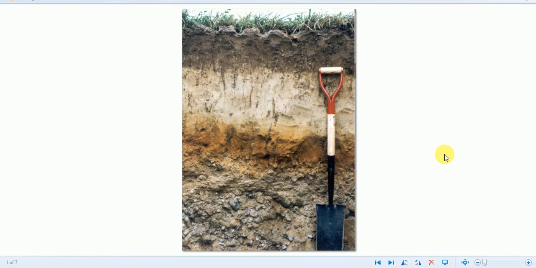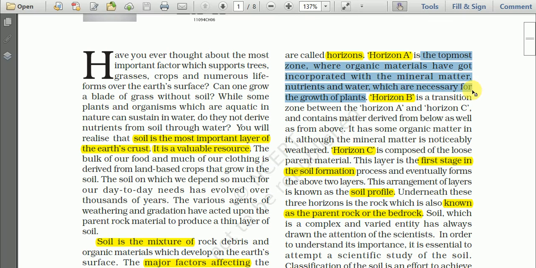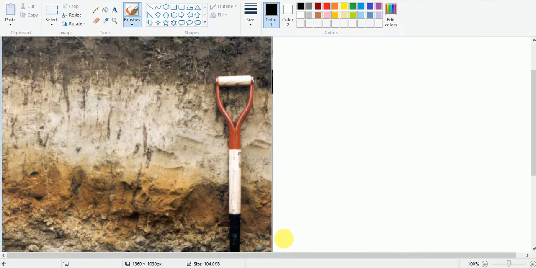See here, this photograph shows a typical soil horizon, that means a soil profile. This is a section containing different layers. We call it soil profile. And see here, the topmost layer, dark green color, consists of organic matter, nutrients and other mineral matter, and it supports the growth of the plants.